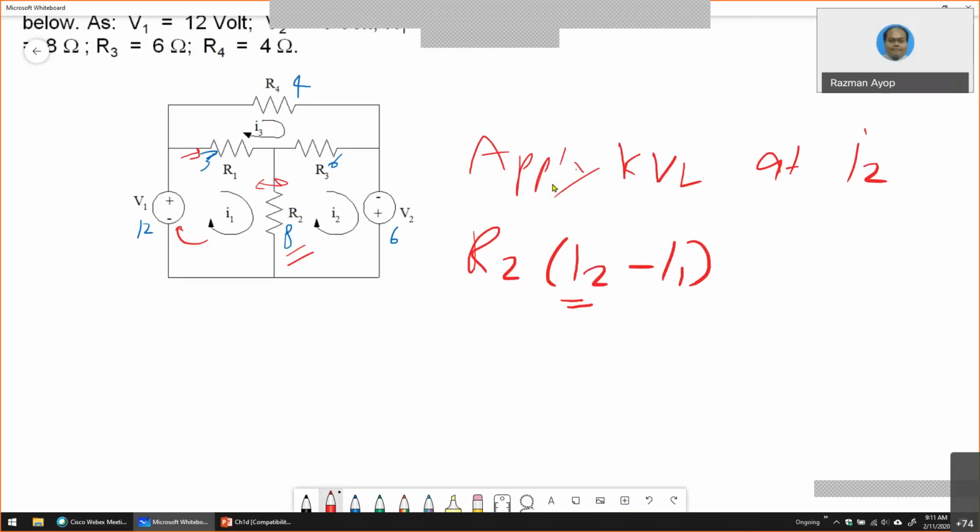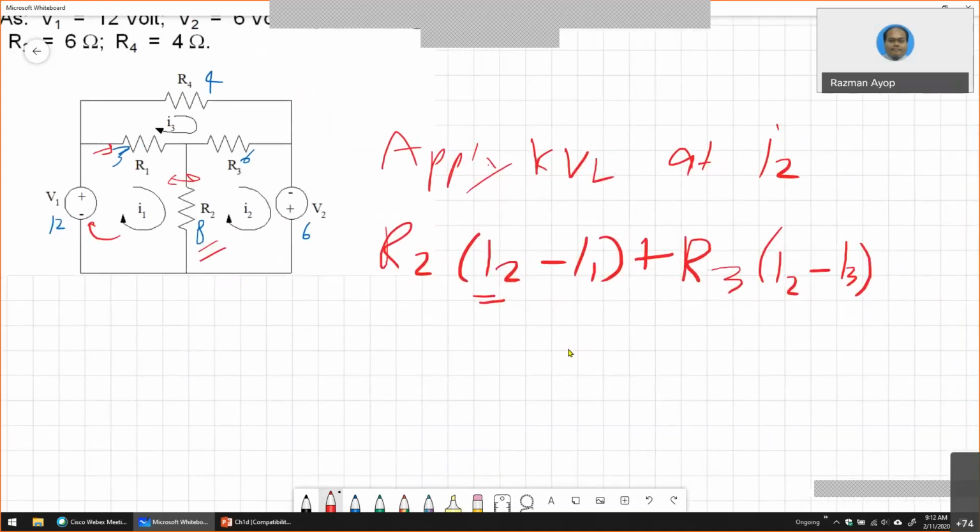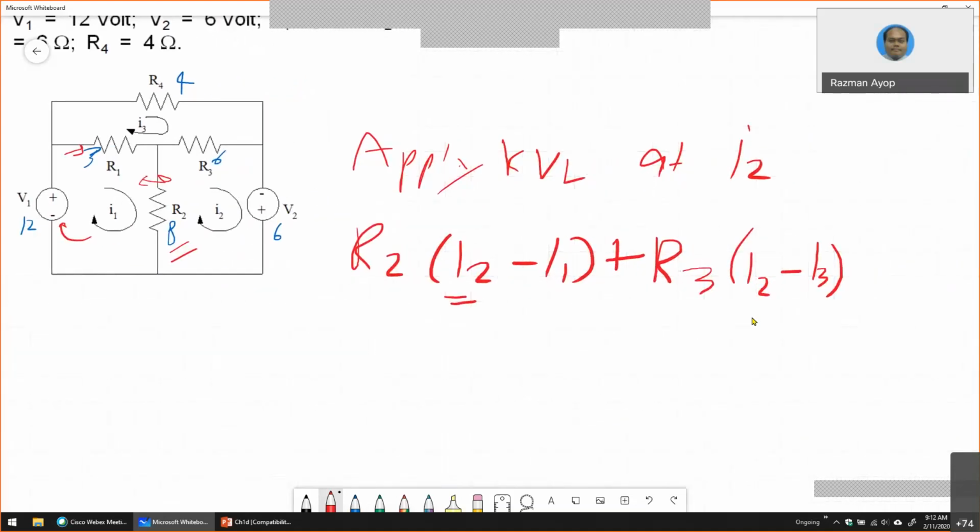Same here, always plus for resistance: plus R3, I2 minus I3. Lastly, because the loop goes to negative, minus V2 equals 0.